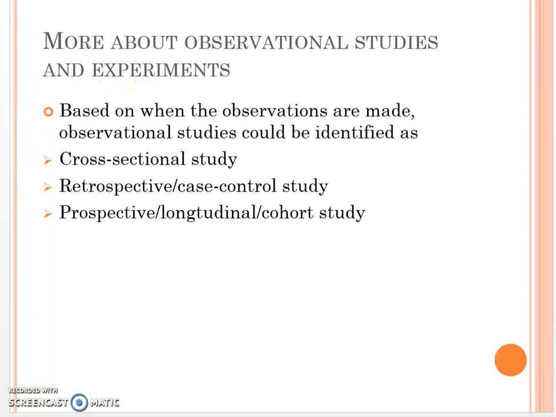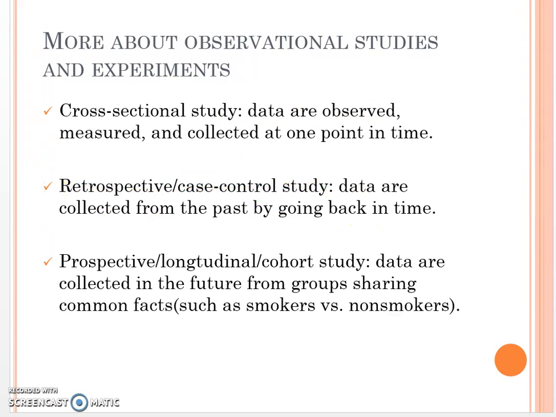As for the observational study, based on when it's conducted, it can be further classified into a cross-sectional study, a retrospective study, or a prospective study. The cross-sectional study means data is collected at one point in time.